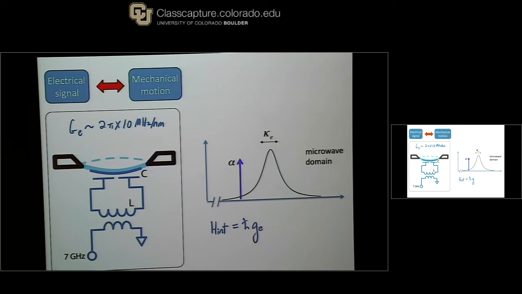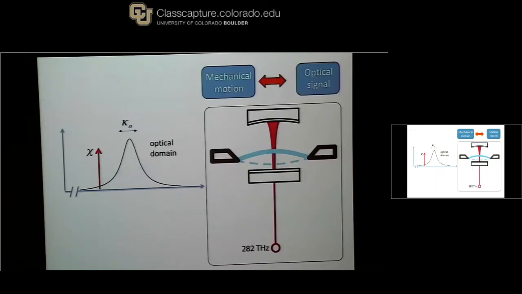So we have an electromechanical coupling that includes translating between that big G and the little g with the zero-point motion. We have this amplitude alpha that we talked about last time. And then we have a beam splitter interaction between the mechanical and optical modes. And then we have a completely parallel thing within the optical domain. And we are going to now start subscripting all of our kappas with either O or E to refer to an electrical or optical part.